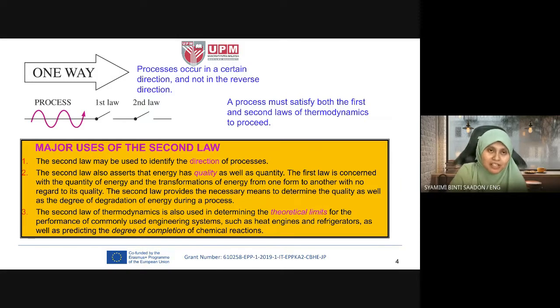Later on you will see that the second law will guide us to identify whether the process can be reversible or not. So this reversibility will help to identify the quality of the process. If the process can be totally reversible, which is the ideal case, we can say that it has a very high quality of energy.